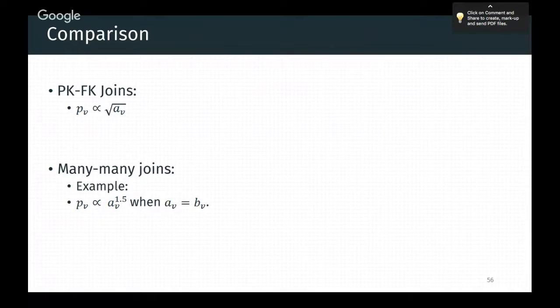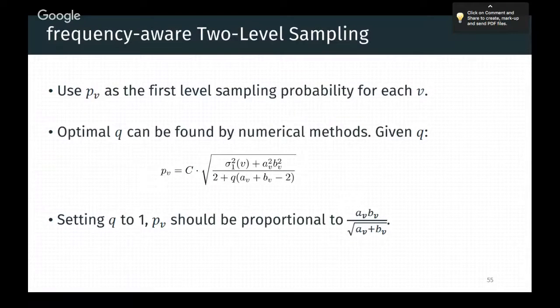So from our analysis, we know that for primary key, foreign key joins, p_w should be proportional to the square root of a_w. And for many-to-many joins, p_w should be proportional to a_w to the power of 1.5 when a_w equals b_w. So that is the result here.